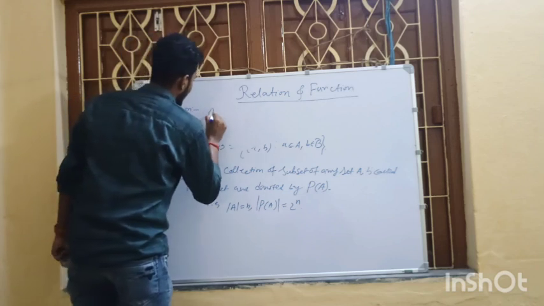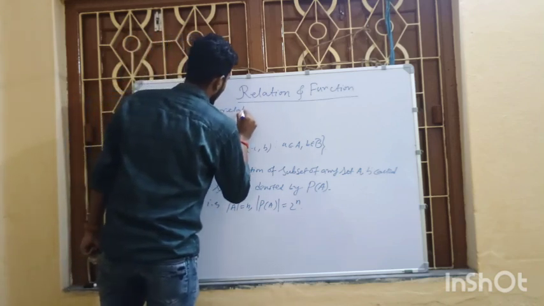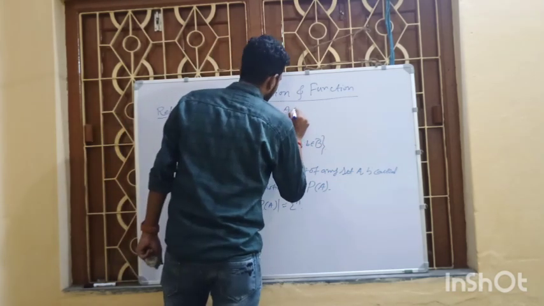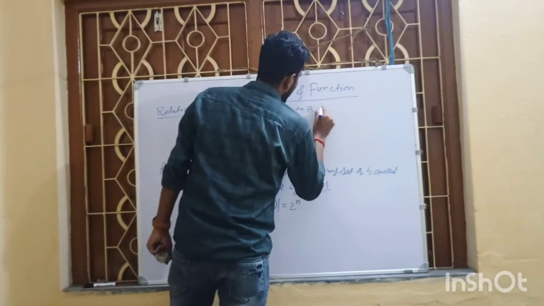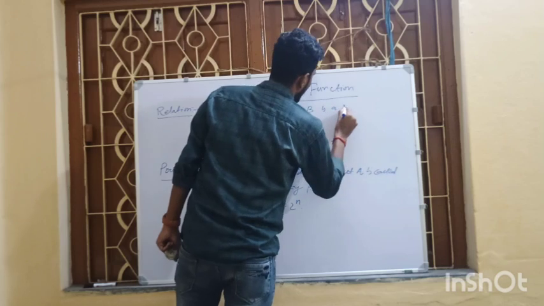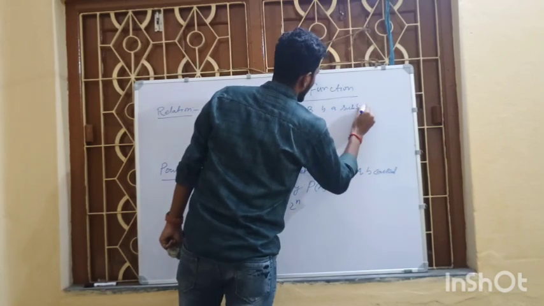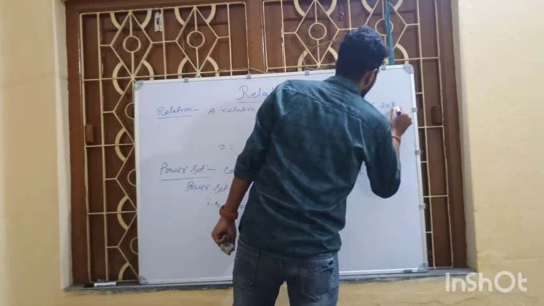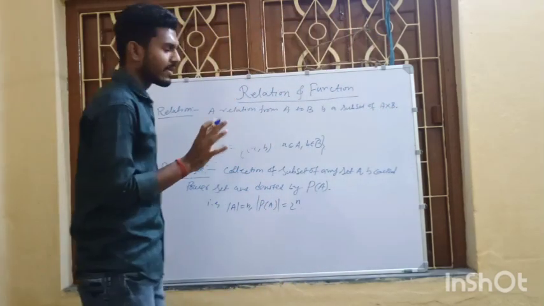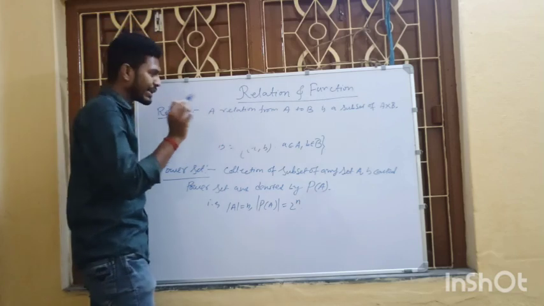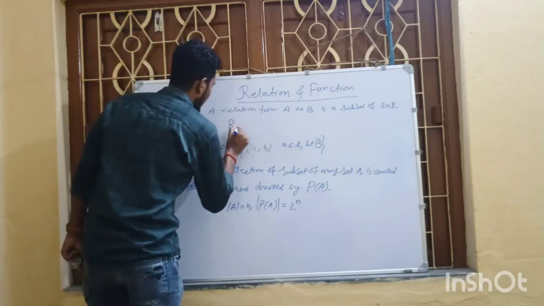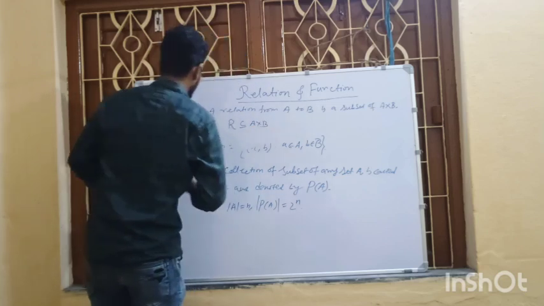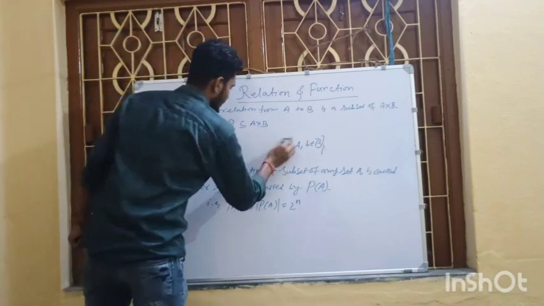So a relation from A to B is a subset of A cross B. That is, if R is a relation from A to B, then R is a subset of A cross B. Then I have some example actually.